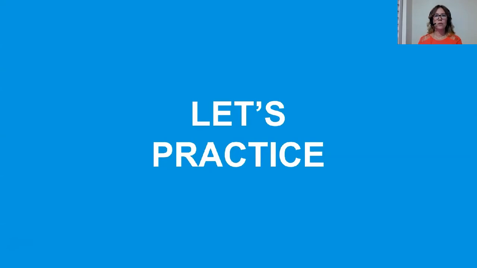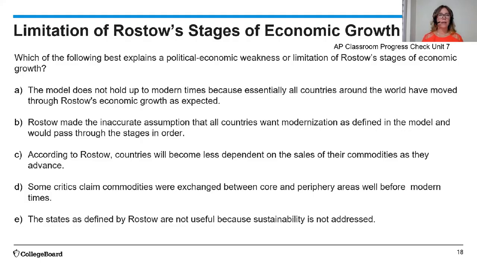So let's do one practice question, and let's look at this question here. Which of the following best explains a political economic weakness or limitation of Rostow's stages of economic growth? And I will let you pause this and think about it, read the questions, and then come back.